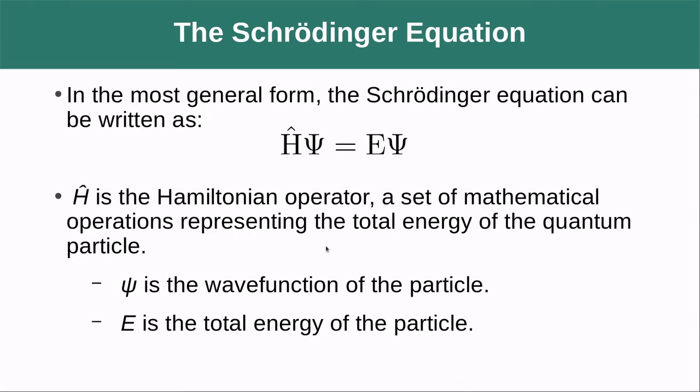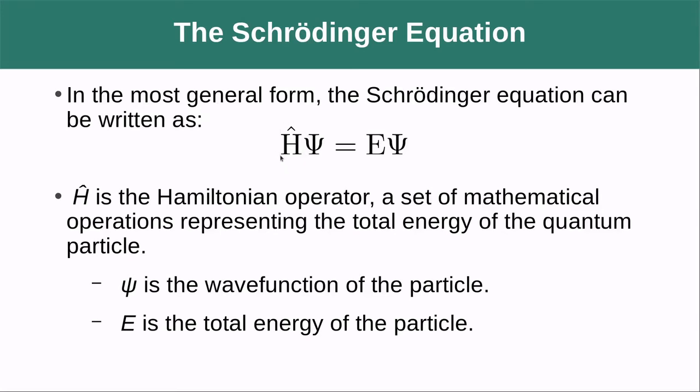So you'll often see Schrodinger's equation written in this somewhat interesting form here that you actually have to get pretty far in math to really understand. But what he's saying is that there is an operator. This is called the Hamiltonian.